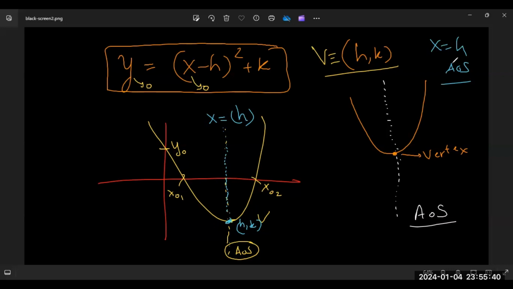Please understand. A parabola is represented by the equation y equals to (x minus h) square plus k, where the vertex is h comma k. The axis of symmetry is represented by the vertical line x equals to h, and it may cut the x-axis at 1 point or 2 points or no points. Anyhow, if you put y equals to 0, you will get to know what the values of x will be.